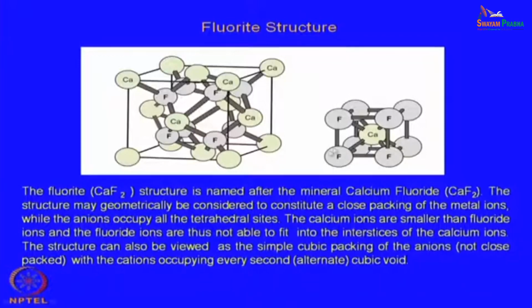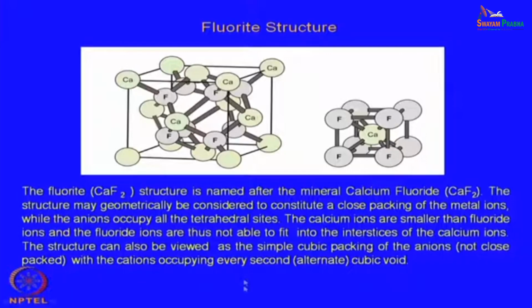Here it says the calcium ion is larger and the fluorine ion goes to the tetrahedral sites. The structure can also be viewed as a simple cubic packing of the anions, not close packed, with the cations occupying every second or alternate cube void. That is the description I gave you just now.